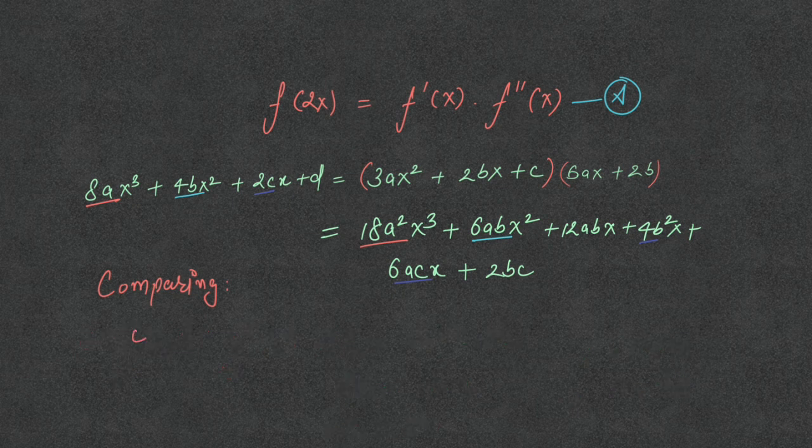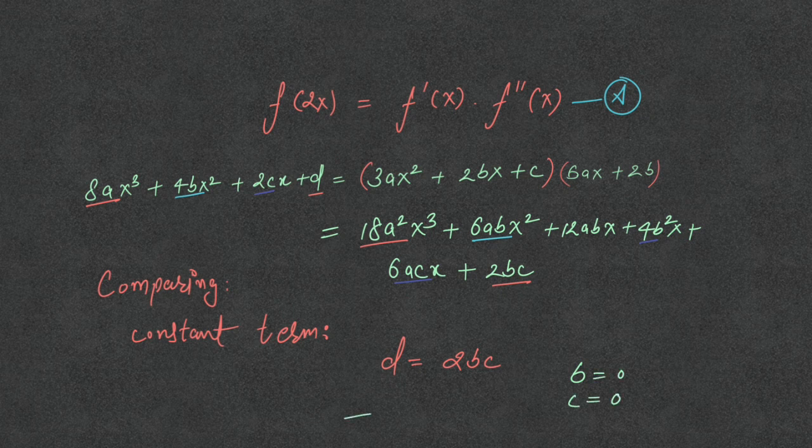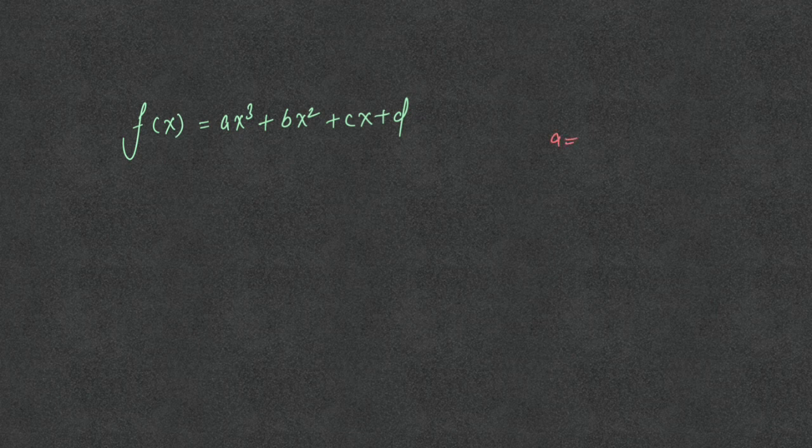And finally comparing the constant term, here it is d and here it is 2bc. So d is equal to 2bc, and b is equal to 0, c is also equal to 0, so clearly d is also equal to 0. We have evaluated a, which is 4 by 9, b equal to 0, c equal to 0 and d equal to 0.